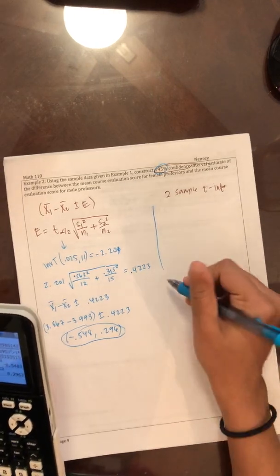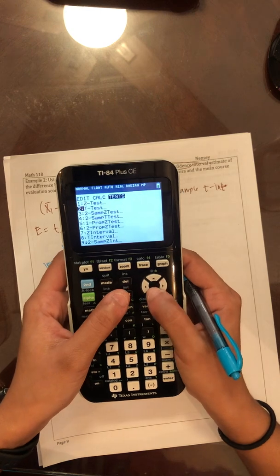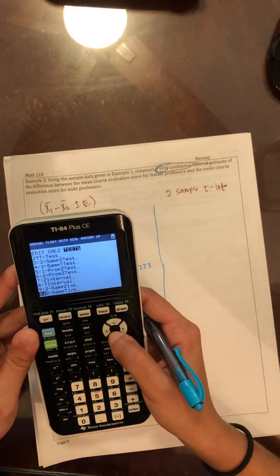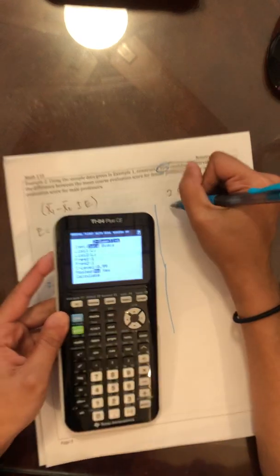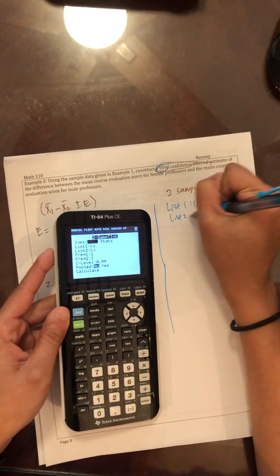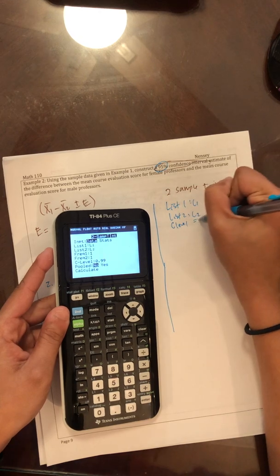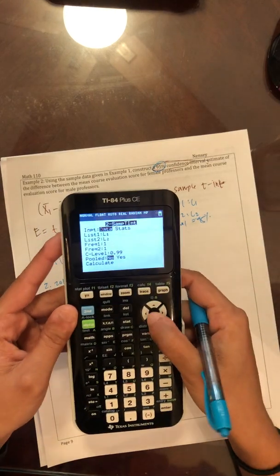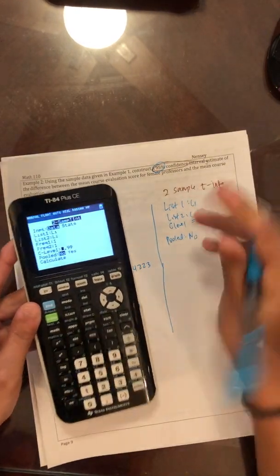Okay, now if we're doing this by calculator, it's actually the same thing. I'm going to do stat, tests, 2-sample t int, and I'm going to use my data. And again, I'm going to write out my information. So list 1 is L1, list 2 is L2, and then my C level is 95% or 0.95, and then pooled, it's going to be no. Remember, pooled is only for proportion.